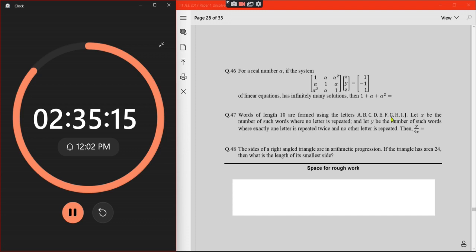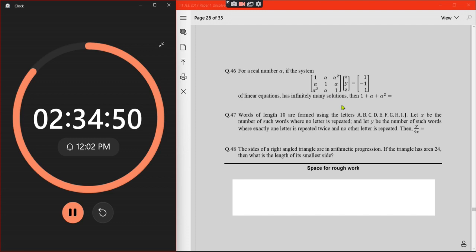So cancel out some stuff. Yes, it's automatically becoming zero, right? Alpha squared equal to 1 guarantees this will be zero anyway. So that is the thing. But then there are two possibilities for alpha, infinitely many solutions. We made the determinant zero, and we made this determinant zero too.